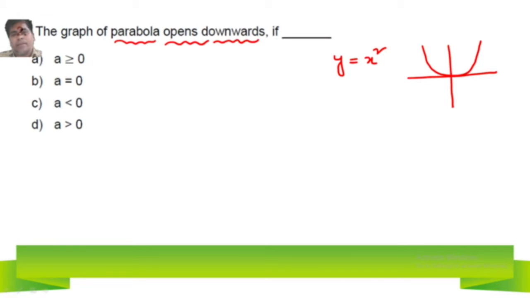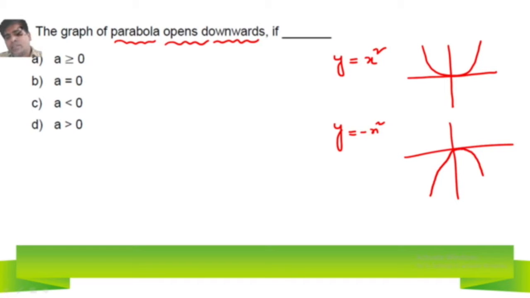So y is equal to minus x square. If you take different values of x, you will get different values for y. If you plot the graph, your parabola looks inverted. So this is upwards and this is downwards.